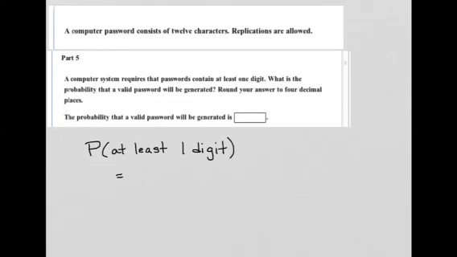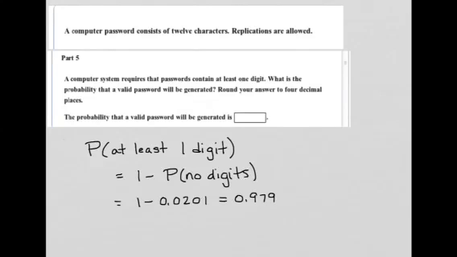So we're going to say the probability of getting at least one digit is 1 minus the probability of no digits at all. And we already found that in the last problem. So this is just 1 minus 0.0201, and that gives me 0.9799.